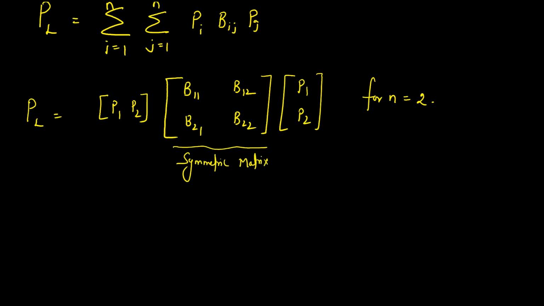Okay. So for n equals 3, it will be a 3 by 3 matrix. You will get B11, B12, B13, B21, B22, B23, like that it will come. For your level, they will not ask beyond 2 buses, don't worry. So this is how you can remember the formula for the total power losses for any n bus system. These are called B coefficients, and this matrix is symmetric, that is B12 equal to B21.